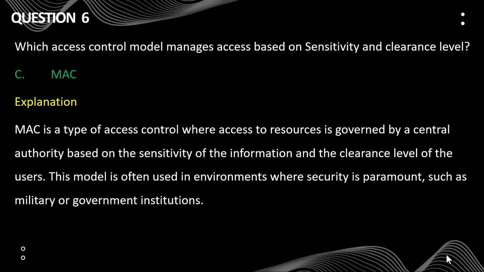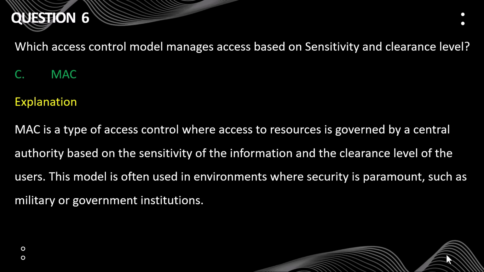So it uses sensitivity labels, ensuring that every piece of information is assigned a label such as confidential, secret, or top secret. It also uses clearance levels, ensuring that users are assigned clearance levels that determine the highest level of sensitivity they are allowed to access.